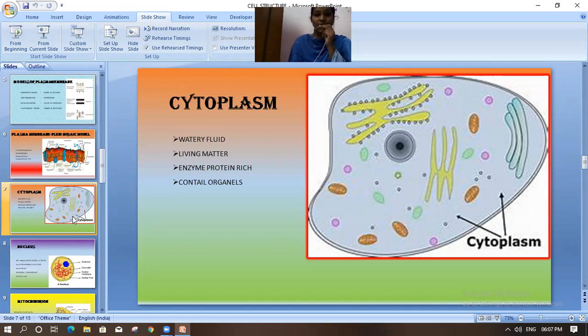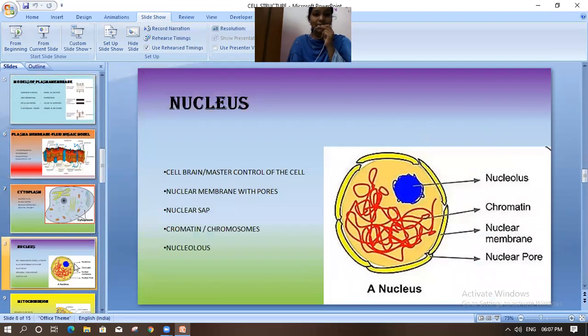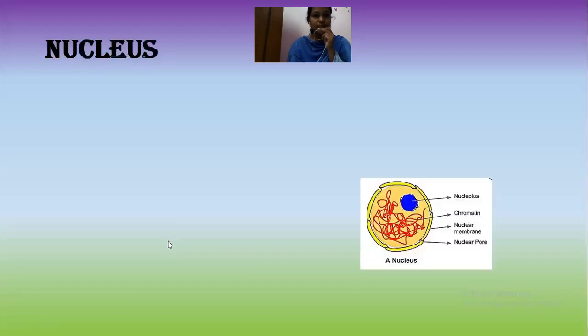It forms the platform for all the subcellular organelles, and it is associated with various metabolic activities. And the next cell organelle is the nucleus. This nucleus is called the cell brain or master control of the cell.